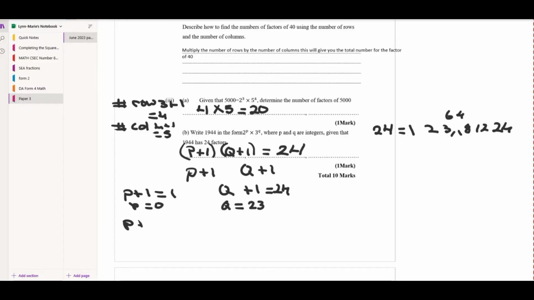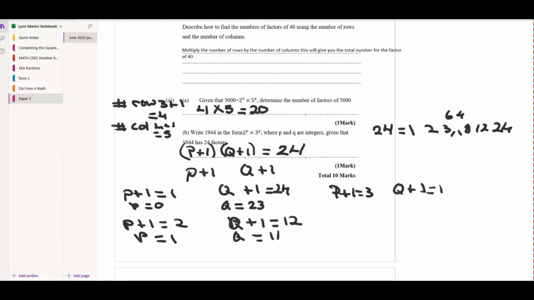Then you say p plus 1 is equal to 2, and q plus 1 is equal to 12. That is, p is equal to 1 and q is equal to 11. You will not get 24. Then p plus 1 is equal to 3 and q plus 1 is equal to 12.